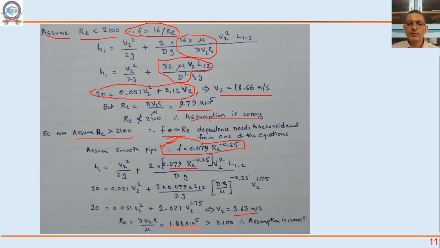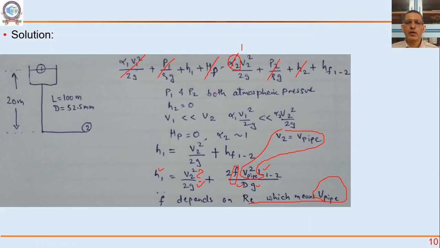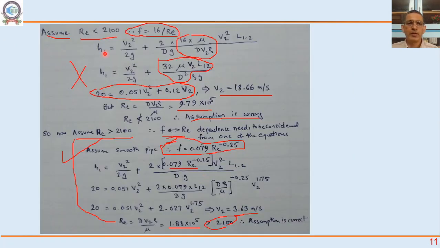So our assumption that the Reynolds number is greater than 2100, that the flow is turbulent, is right. We are correct in using this formula, but we were wrong in assuming laminar flow. Because velocity is not known, we need to do this by assuming whether the flow is laminar or turbulent.